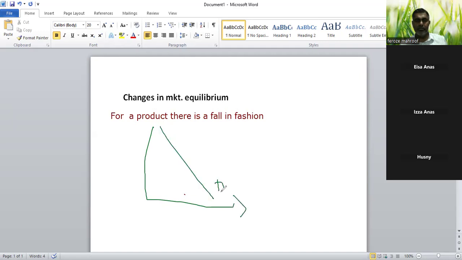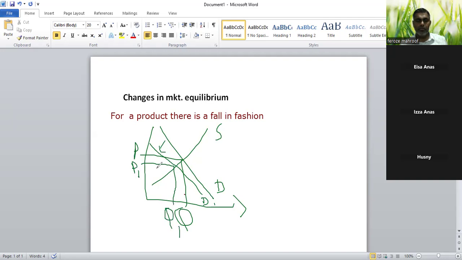Demand curve, supply curve, price is this one, quantity is this one, demand is falling means demand shifted to the left. After the demand has shifted to the left, new price is P1, new quantity is Q1. The price has fallen down. The quantity has fallen down.